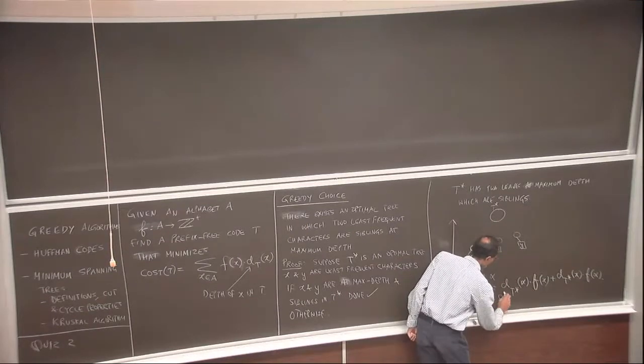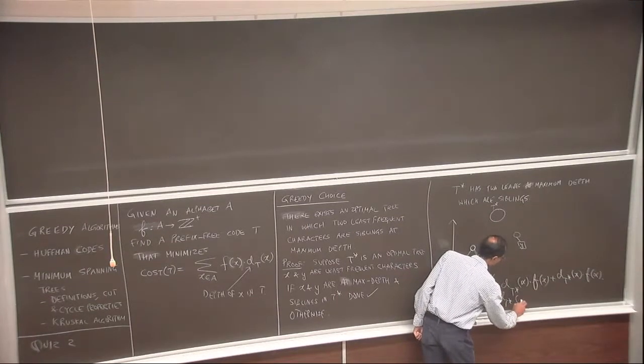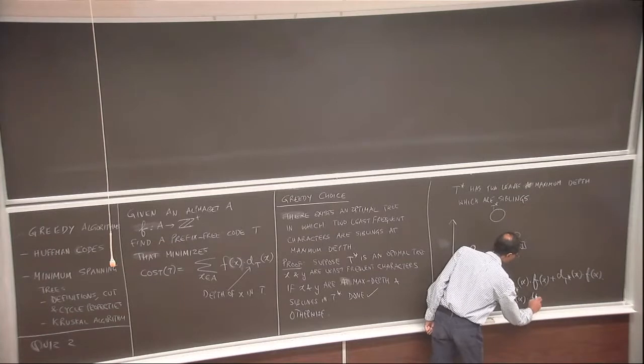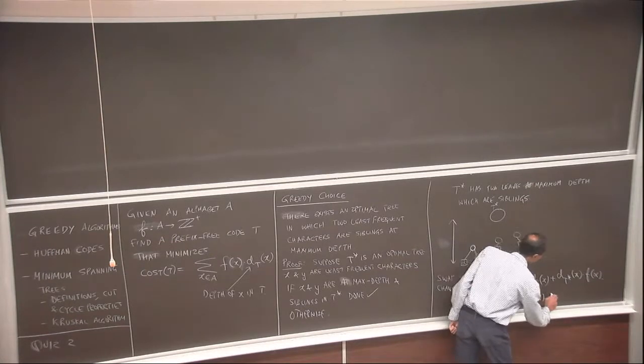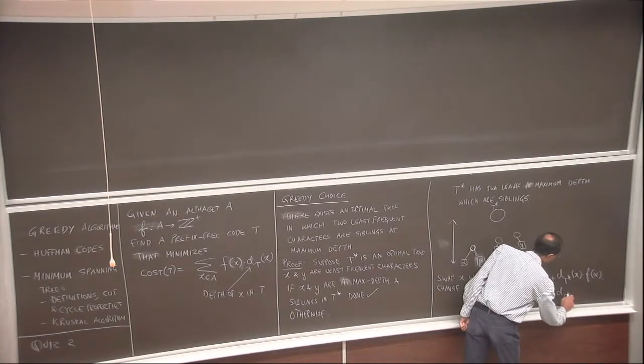What was the old cost of X and alpha? F of X times the depth of X in T star, and F of alpha times the depth of alpha in T star.